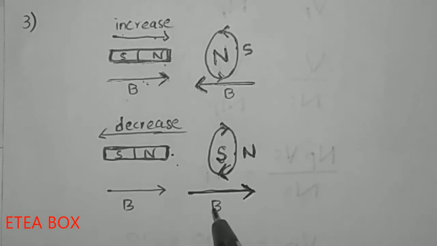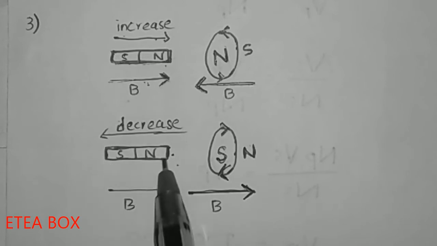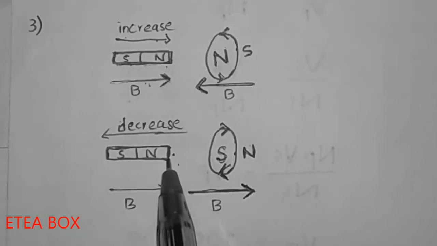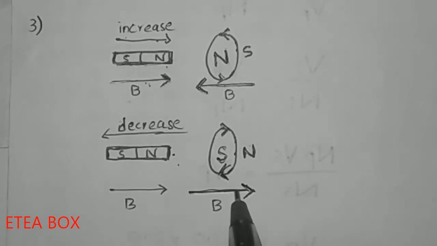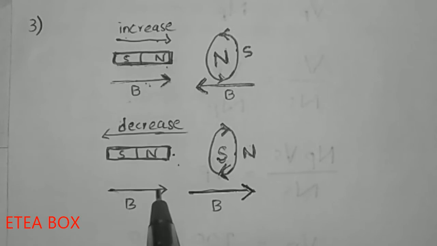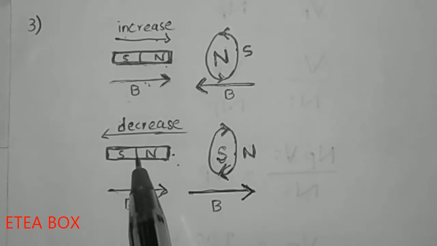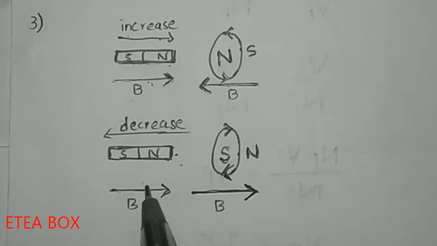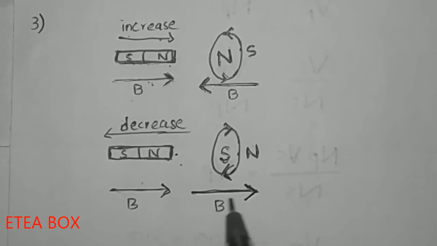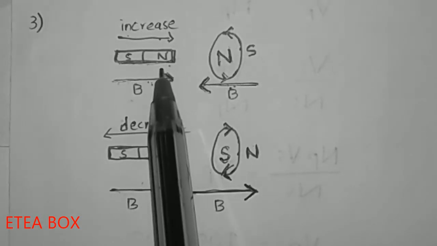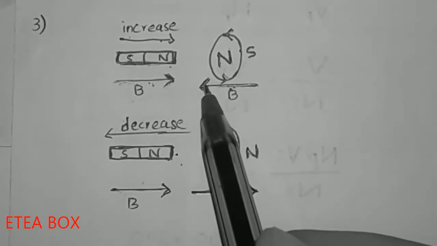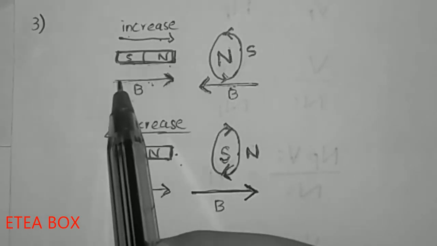Now look here, when the effect is decreasing, or we can say when the magnet is moving away from the coil, look, the direction of the induced magnetic field will be in the direction of the magnetic field of the magnet. Look, the directions are the same, okay? So the conclusion is that when the magnetic field is increasing, the induced magnetic field will be opposite to the direction of this one.